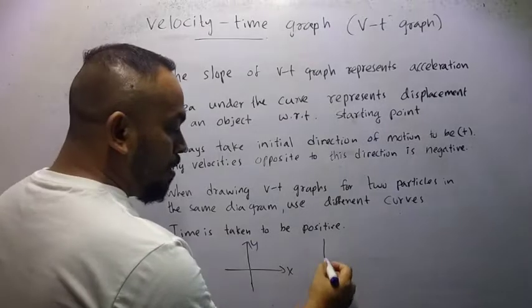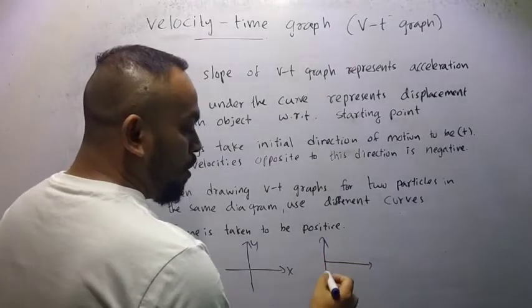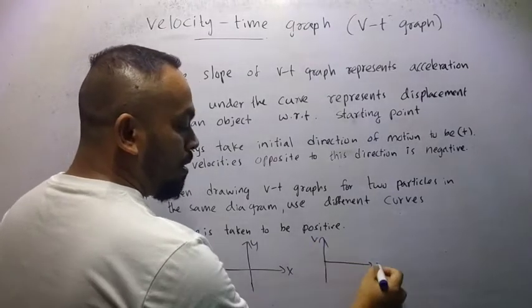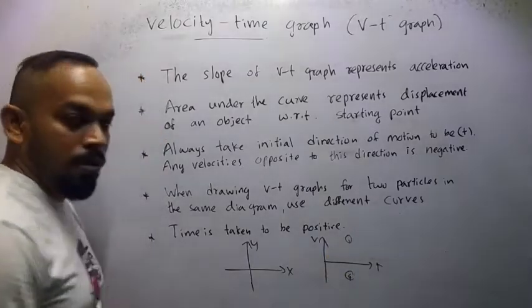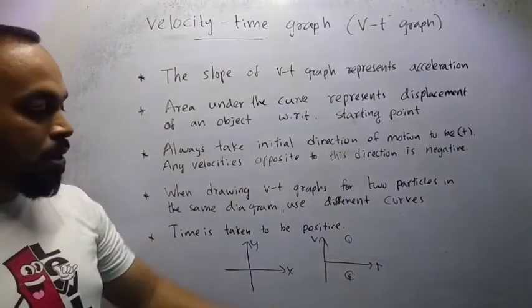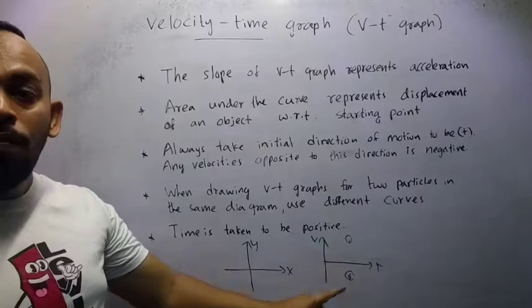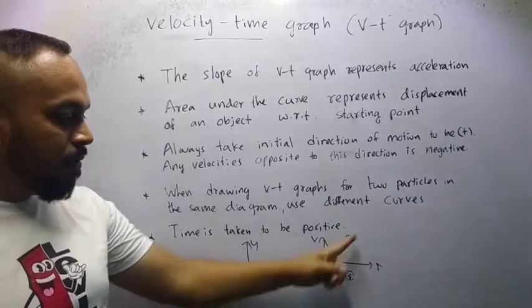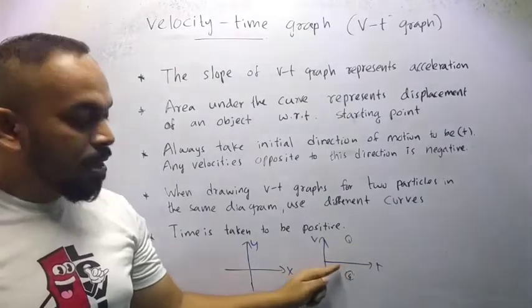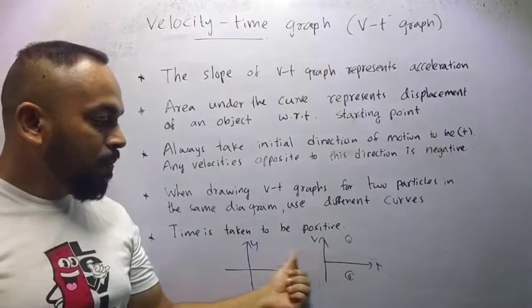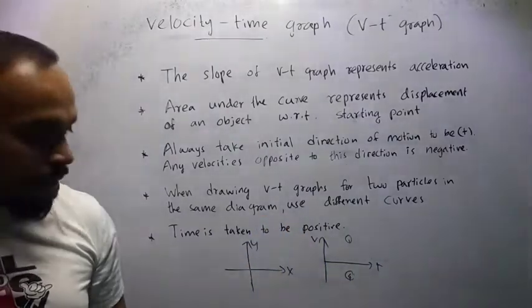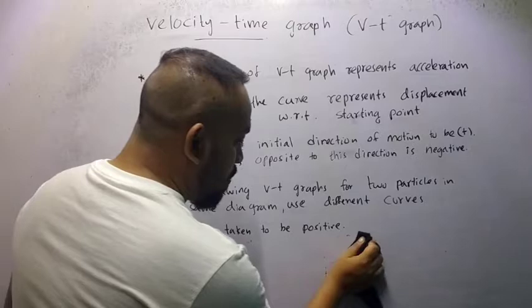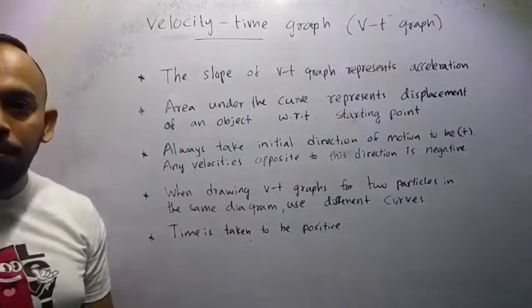But in a VT diagram, you have two quadrants, V, T. So basically it's the first quadrant and the fourth quadrant. That is because the time is always taken to be positive, so we don't consider this region of the VT diagram. So that's why time is taken to be positive.